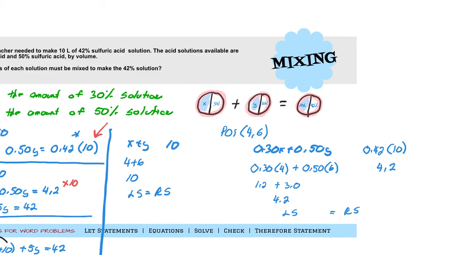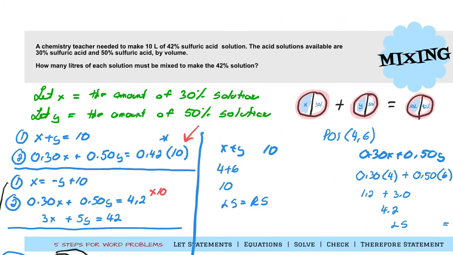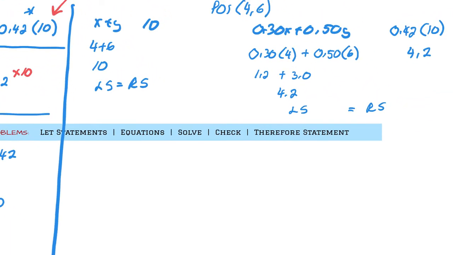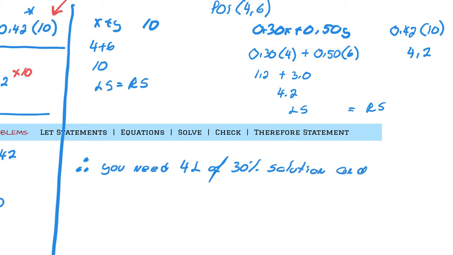Let's go back and figure out what the question is, and it's asking how many liters of each solution must be mixed, and your answer then is, therefore, you need 4 liters of 30% solution and 6 liters of 50% solution.